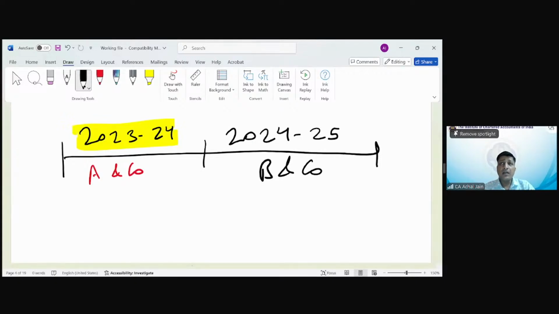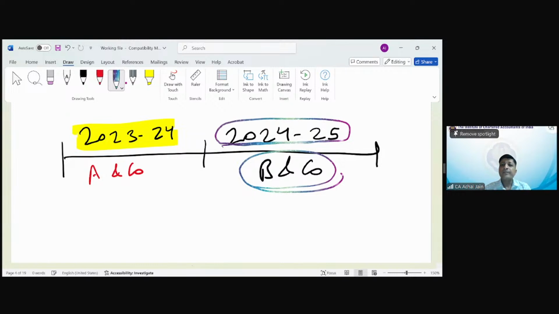But still, B&E company, which is the new auditor, over and above the transactions which would have taken place during the year, 24-25, also has the closing balances to audit. The new auditor is also required to perform some audit procedures on the opening balances.